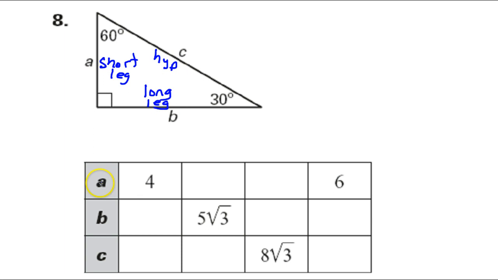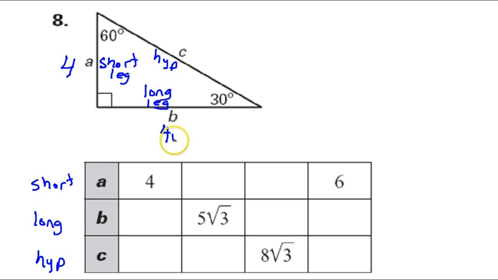So for the first one here, we're given that A, the short leg, in fact, let me just label this. So this is the short leg, and then B here is the long leg, and then C is the hypotenuse. Okay, so if we're given the short leg is 4, then we've learned that if you multiply it by radical 3, that'll give you the long leg.